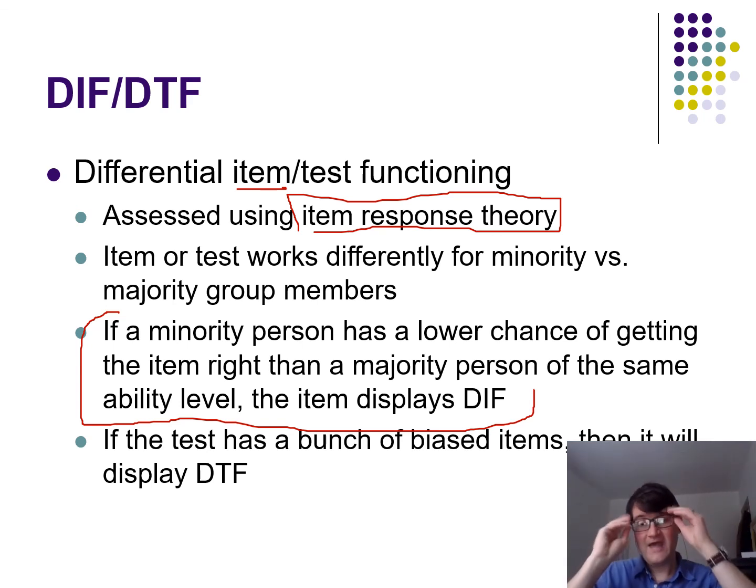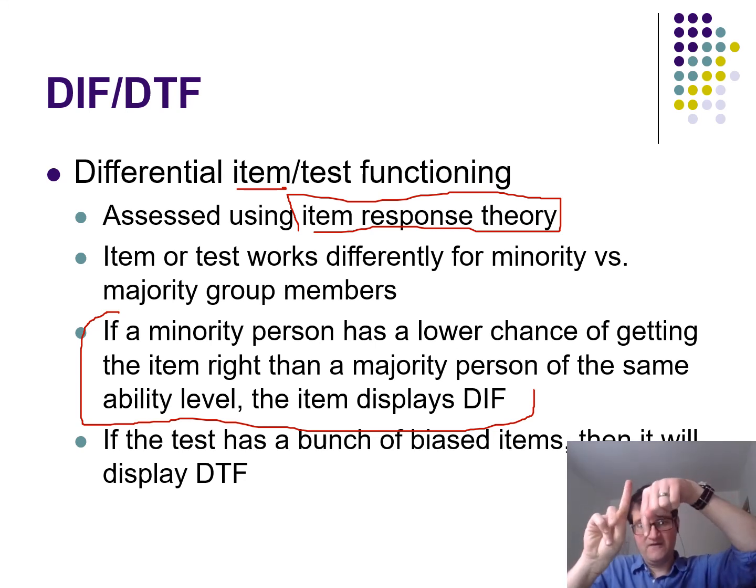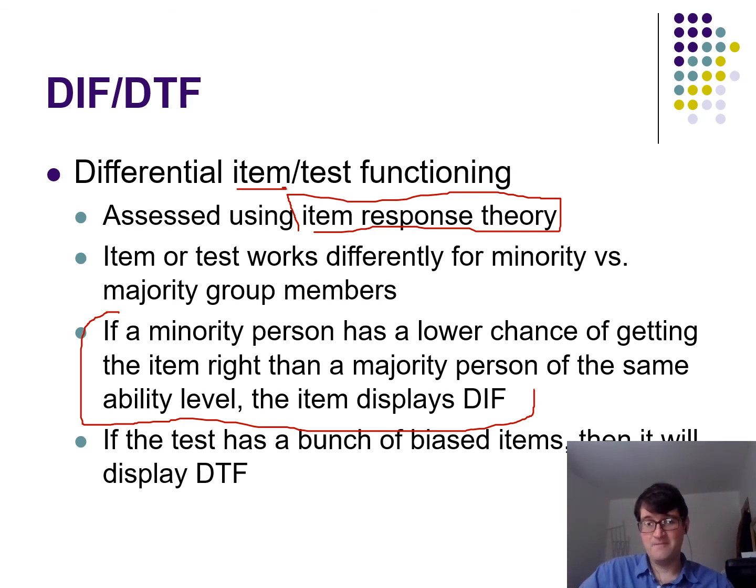But you can conceivably have a test built out of entirely items that all show significant bias, but they show them in a random pattern, and therefore the test is itself unbiased, even though it's made up of possibly entirely biased items, as long as some are biased up and some are biased down, and you have about the same number that are biased up and biased down. The test may not be biased.